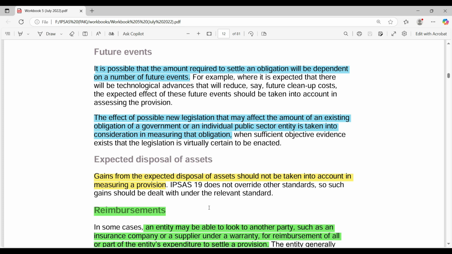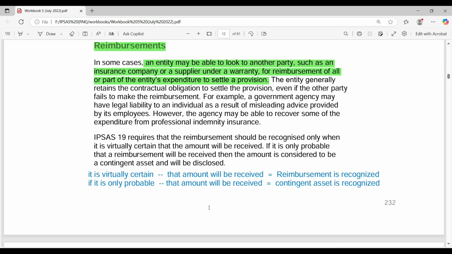For example, the effect of possible new legislation that may affect the amount of an existing obligation of a government or an individual public sector entity is taken into consideration in measuring debt obligations. Reimbursement. In some cases, an entity may be able to look to another party, such as an insurance company or a supplier under warranty, for reimbursement of all or part of the entity's expenditure to settle provisions.